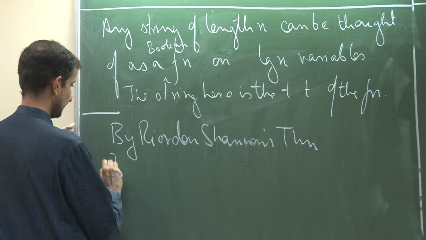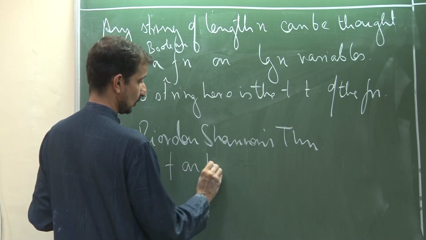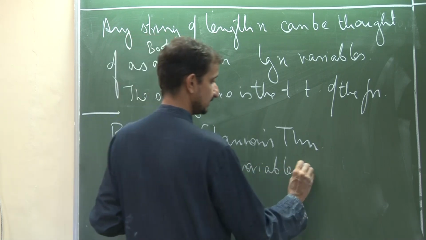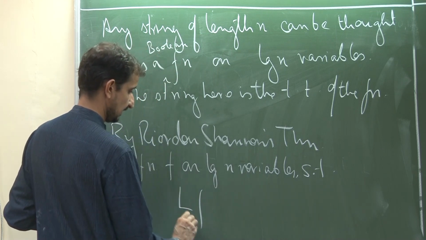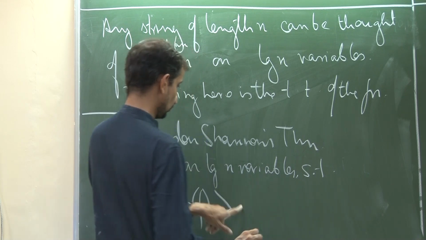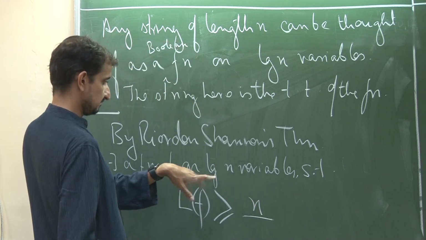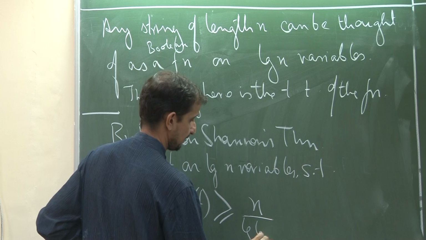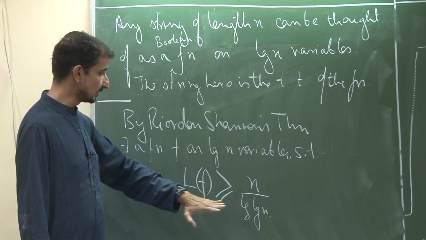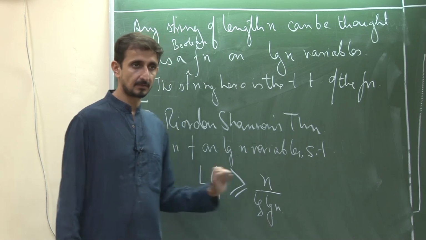By Riordan-Shannon's theorem, there exists a function f on log n variables such that L of f is at least 2 to the power log n, which is n, divided by log of log n, which is log n. So we know there is a function on log n variables for which the formula complexity is at least this much.